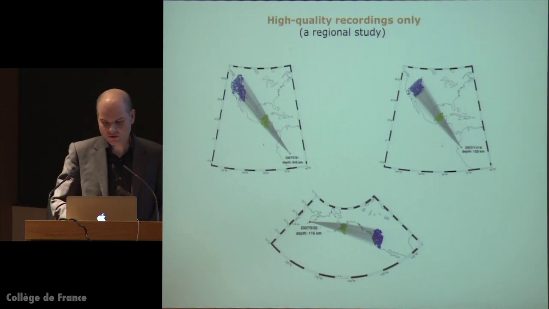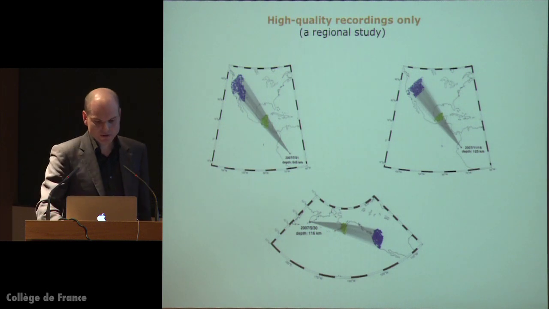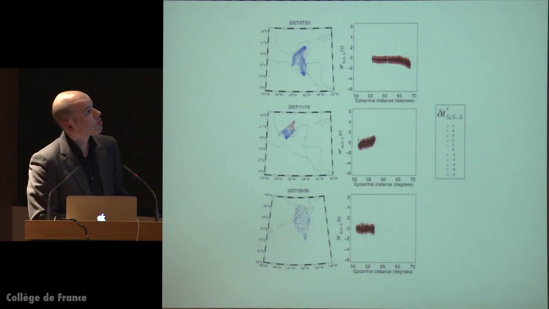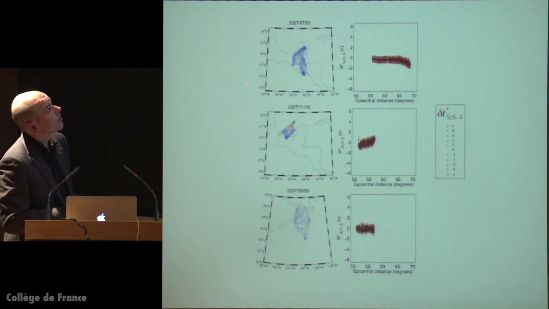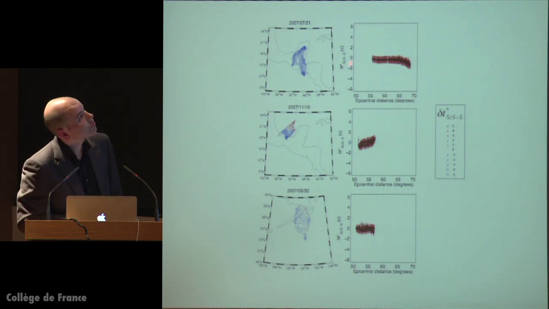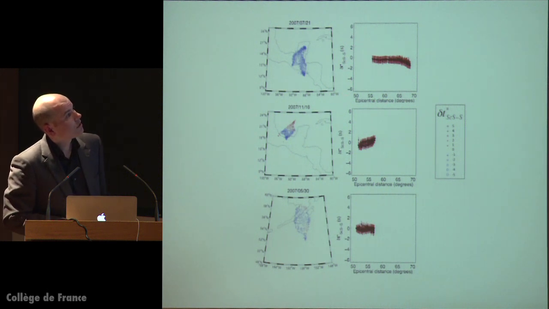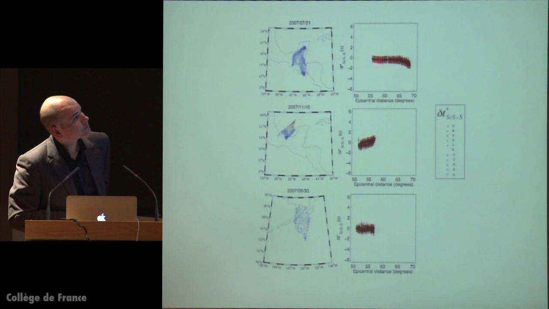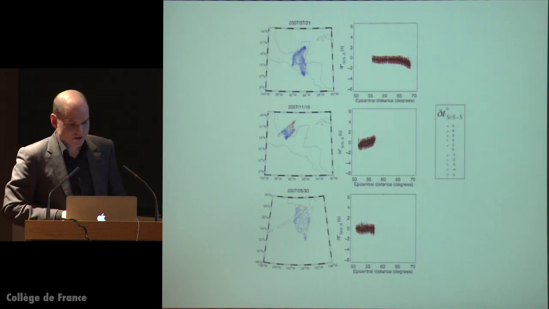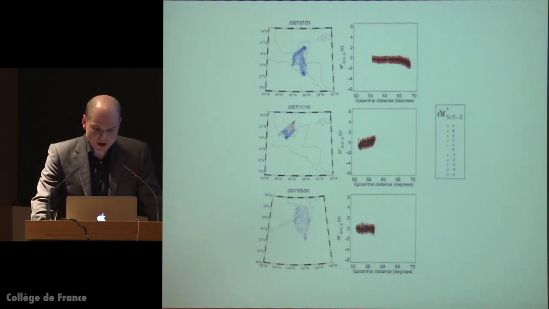We had about 700 recordings for these three events, and we based our analysis on them. I just show you the result for these three events here, under South America and here under Alaska. Here I show you the delta T star as a function of the epicentral distance, and we can see that we were able to recover some trends.